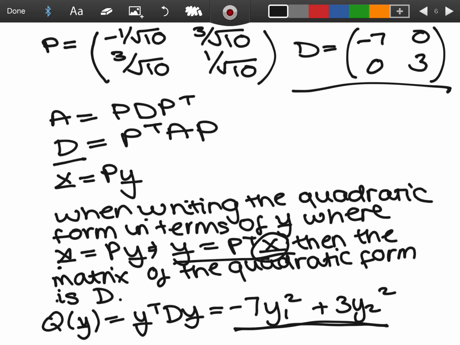You can plug 3, 5 into here, multiply it by P transpose and get the vector Y, and then just plug the Y vector into that new quadratic form. Or you can take that vector X equal to 3, 5 and plug it into the original quadratic form. It is completely up to you. Okay.